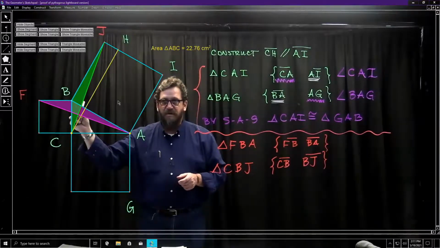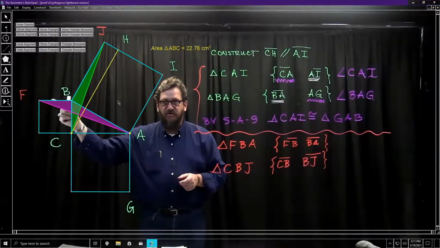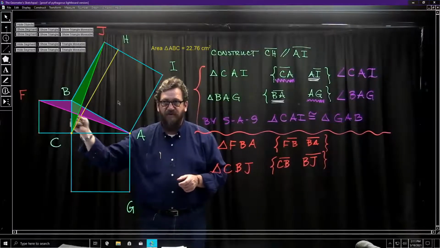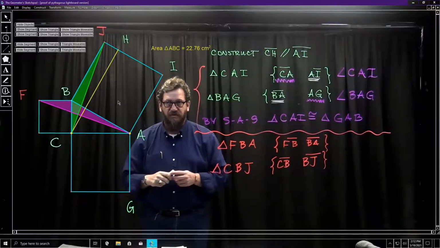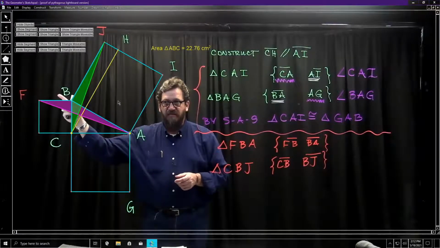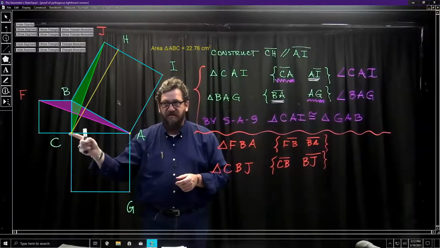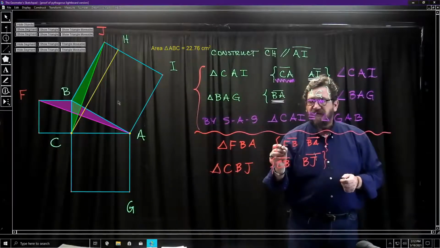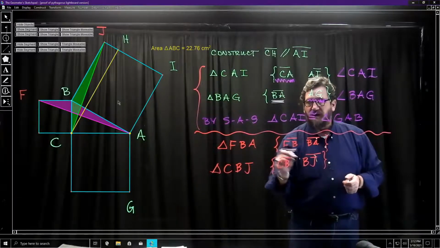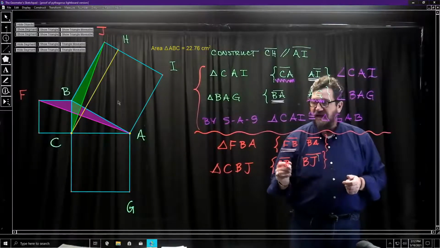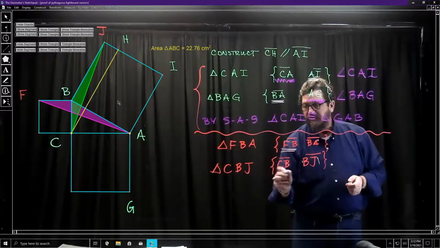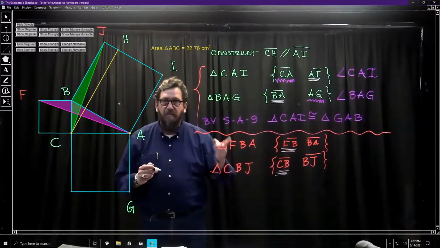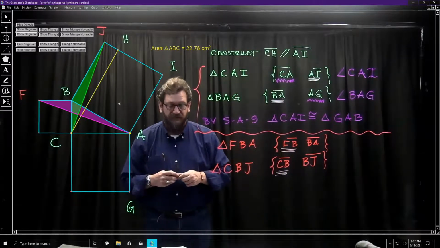Well, F to B is a piece along the small square, the square built on the shorter of the two legs. So F to B must be the same as B to C. So F to B is on my smaller square, just as C to B. So these two sides right here that I just underlined must have the same length.